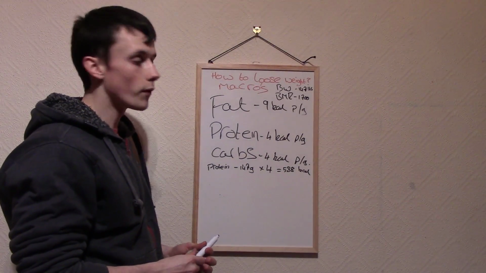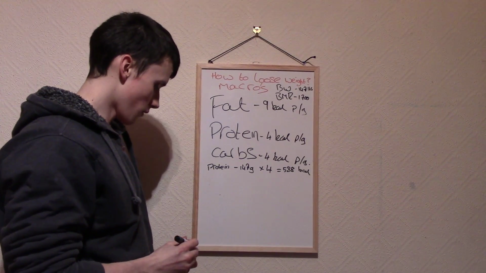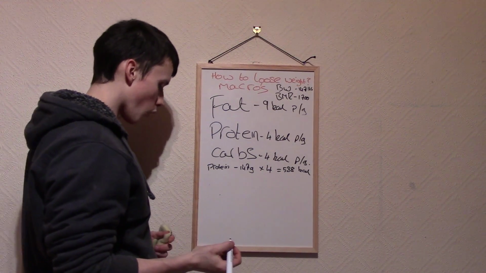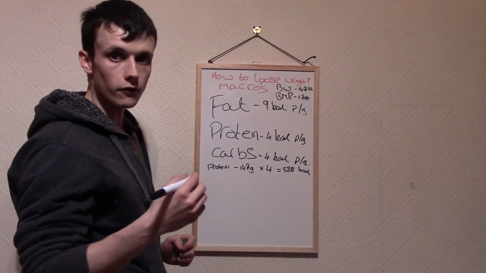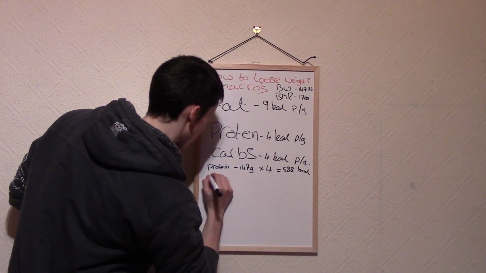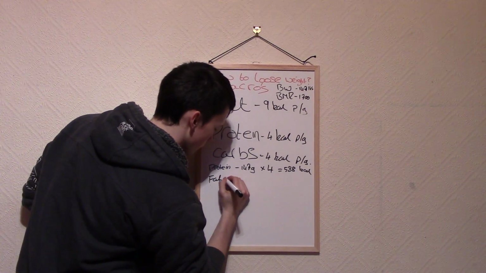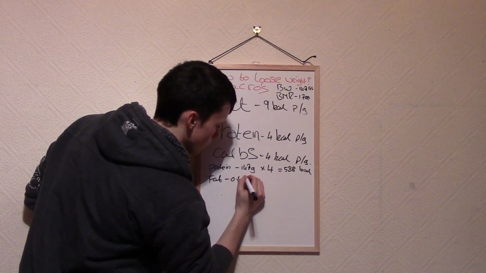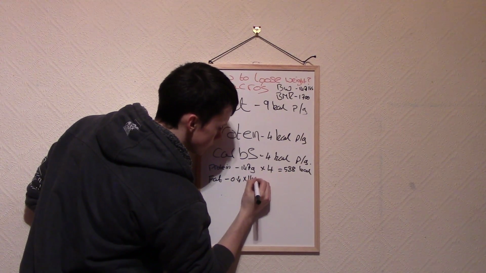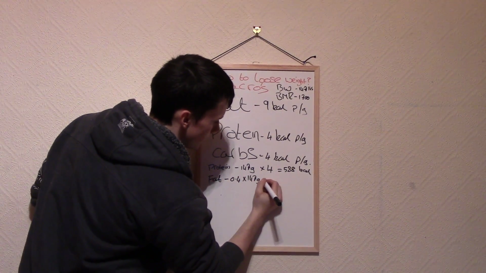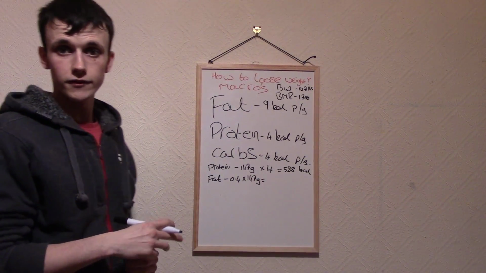Since we know that, we can now work out our fat. So our fat needs 0.4 grams per pound of body weight. So fat would equal 0.4 times your 147, and I'm not doing that off the top of my head.